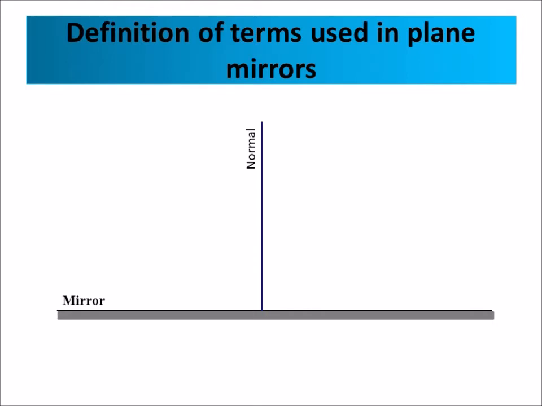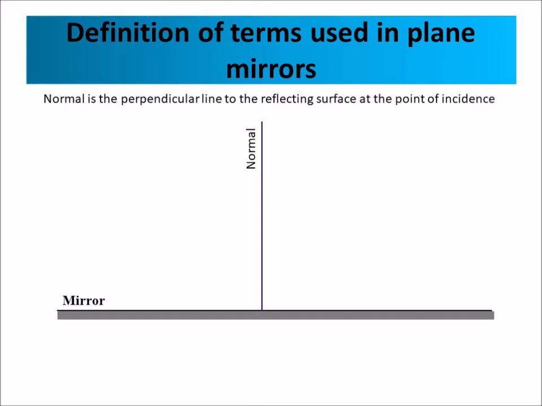So this line is called the normal. So what is the normal? So normal is the perpendicular line to the reflecting surface at the point of incidence.